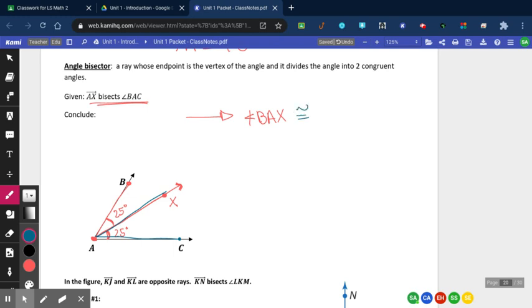So angle BAX is congruent to angle CAX. We could have named those the same thing, angle XAB. It doesn't matter which order you put it in as long as that A, the vertex of the angle, is in the middle. That has to be the middle letter.